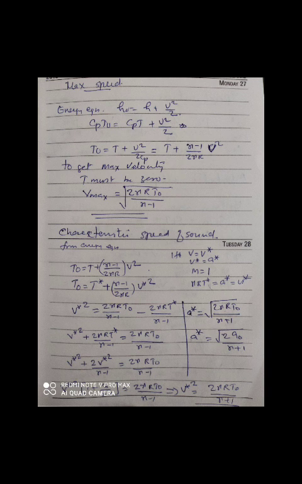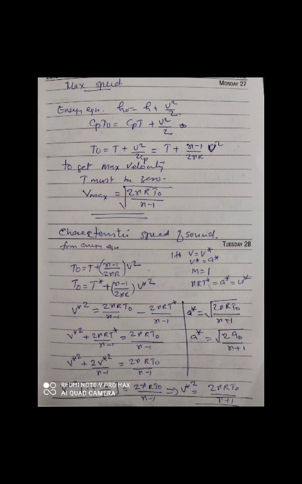Substitute the value of Cp in terms of gamma and R, and you will get this expression. What should be the condition for maximum velocity? For maximum velocity, the T must be 0. So maximum velocity Vmax is equal to root of 2 gamma R T0 by (gamma minus 1). This is the expression for the maximum velocity of a fluid element in an isentropic flow.